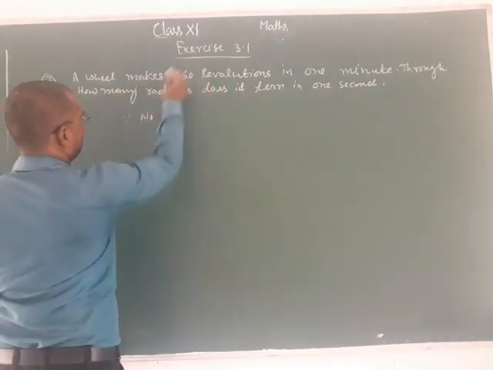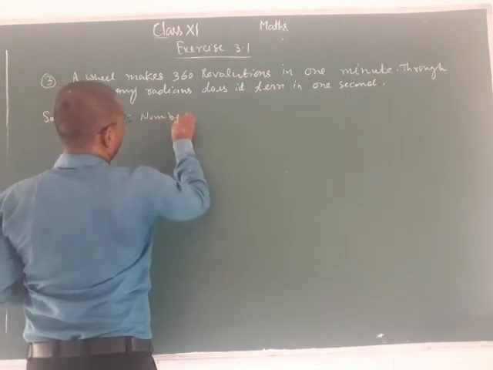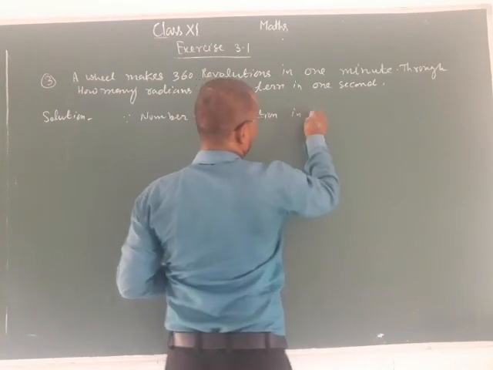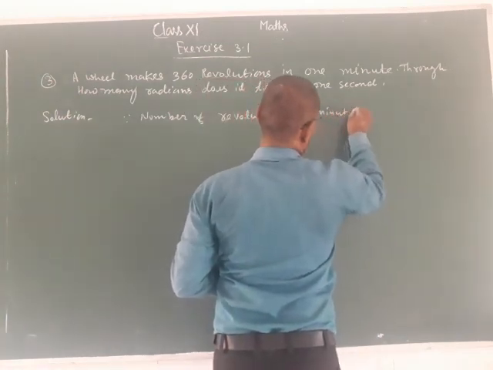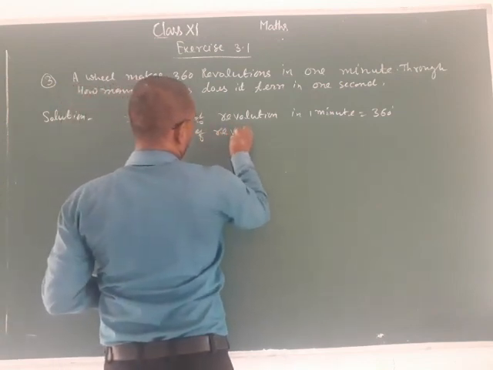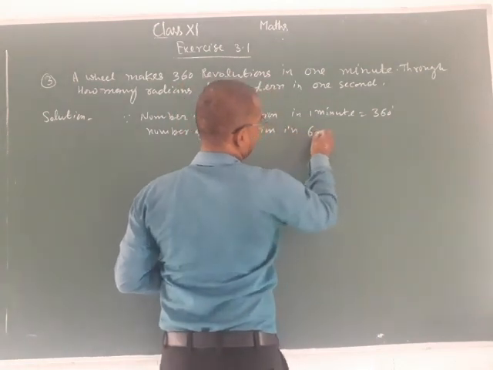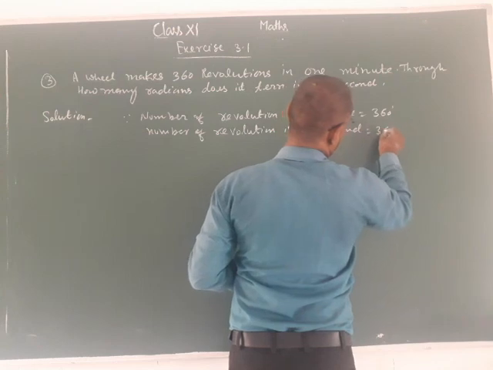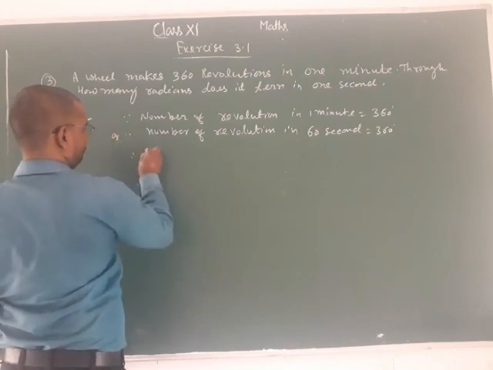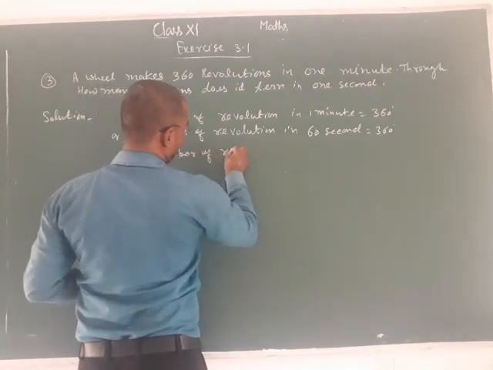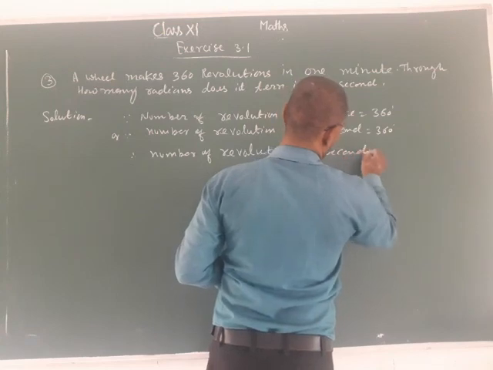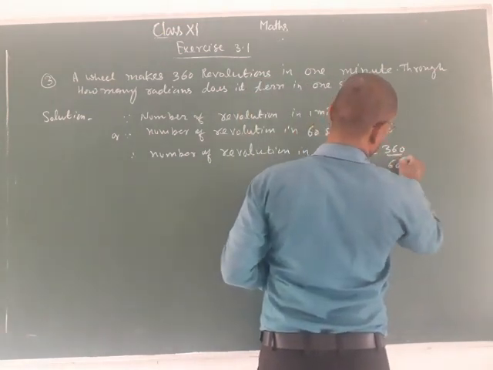Since the number of revolutions in 1 minute, or 60 seconds, is equal to 360, therefore the number of revolutions in 1 second is 360 upon 60, which is equal to 6 turns.